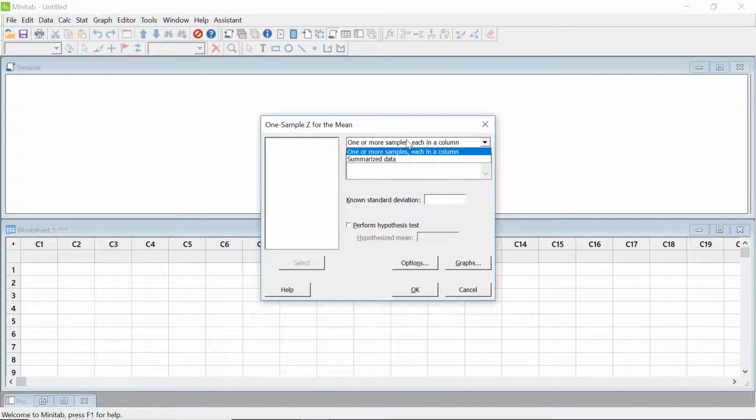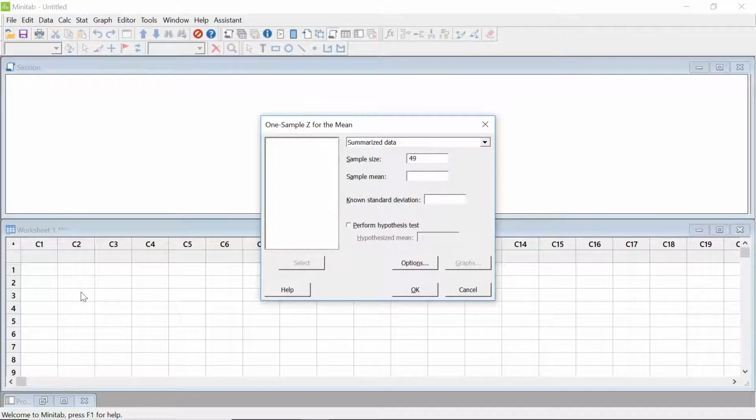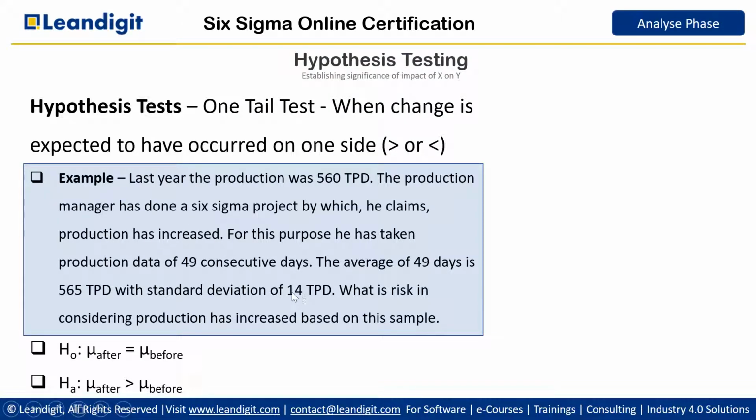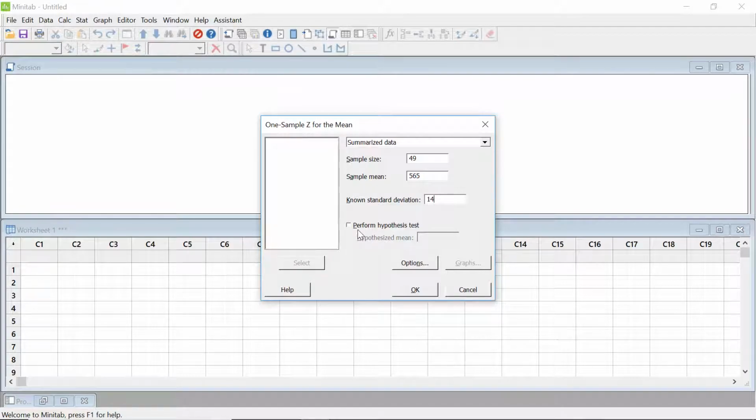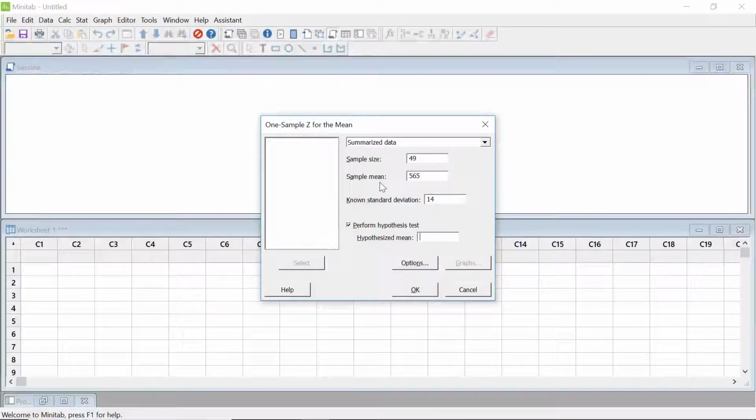In this we'll take summarized data. Sample size is 49 because 49 days of data is collected. Sample mean is 565 tons per day. The known standard deviation is 14. And for the hypothesized mean, in the past the average was 560 tons per day.